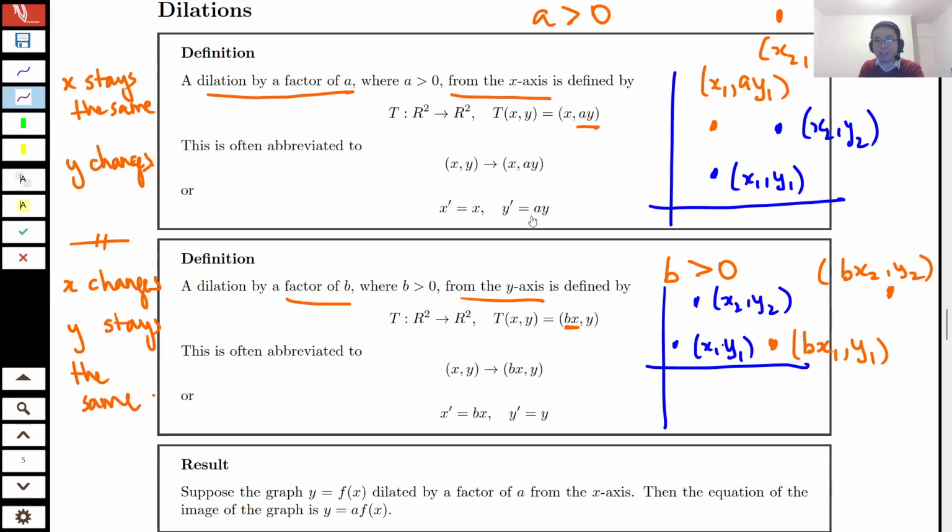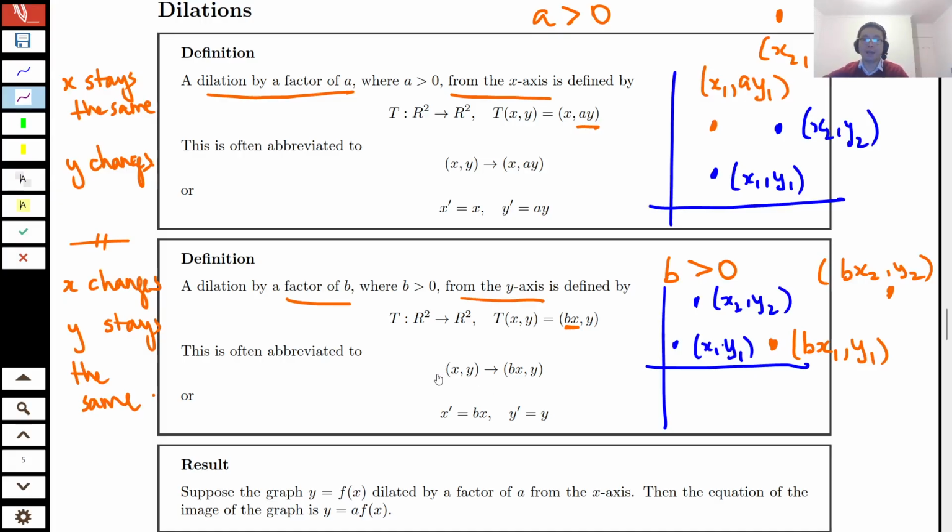So if we use the letter A here, we get that turning point form. So that's why I've chosen to go a different way to the textbook. It doesn't really matter what letter you use. What you do need to know is that if you change the y value, you are dilating from the x-axis. Okay?